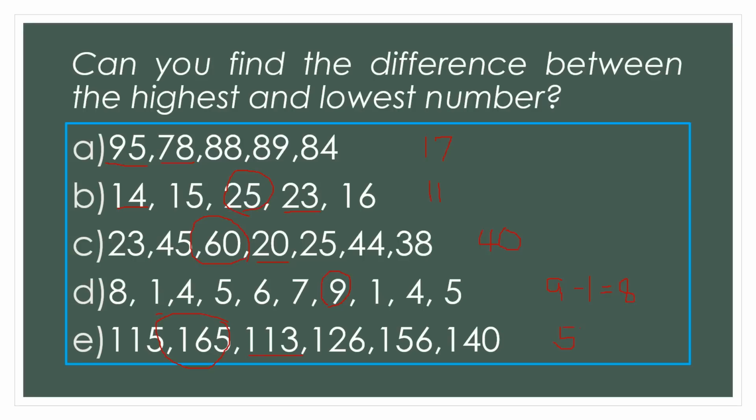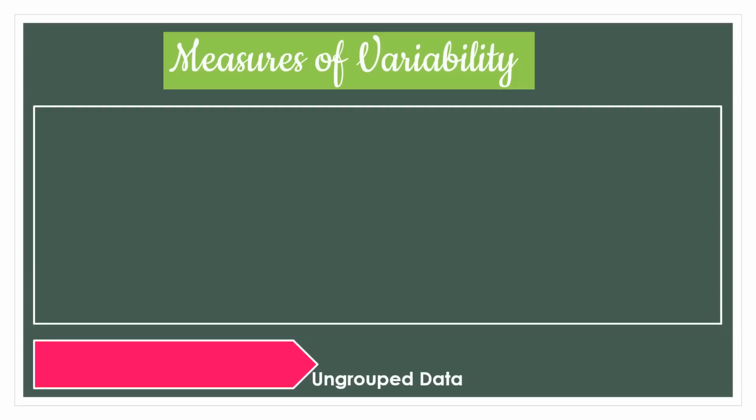From this activity, we have already done the first measure of variability. We have already solved for the measure of variability for each set of data. And what is that? I'm referring to range. Again, range.